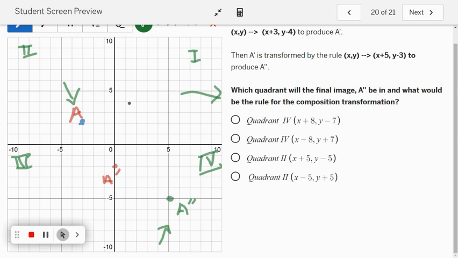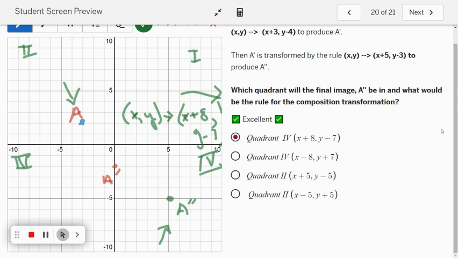So if I want to write the composition transformation, that's (x, y) takes me to (x plus 8, y minus 7). And forgive me with my writing here, but that is this answer choice, okay? So really think about, you're doing two transformations and then you're asking yourself, okay, how do I get from the original pre-image to the last image, the double prime there?